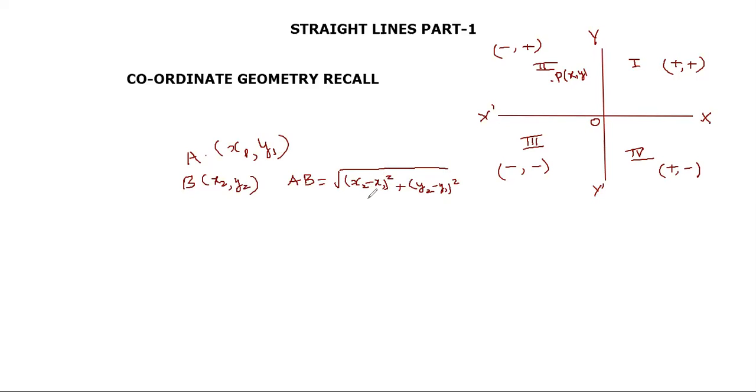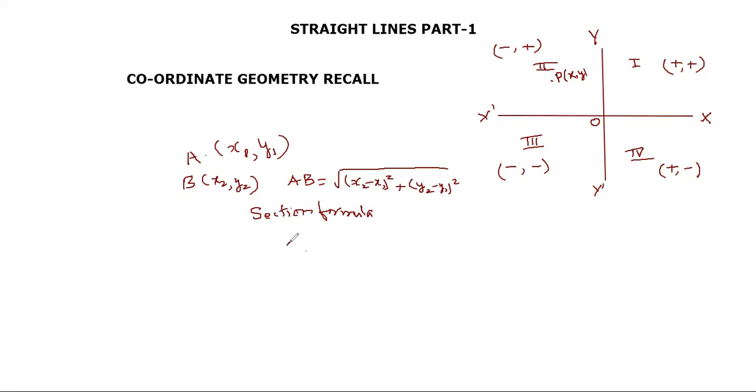Then the section formula. In the section formula, there are two types of division: internal division and external division. Section formula means if a point divides a line segment joining the 2 points.